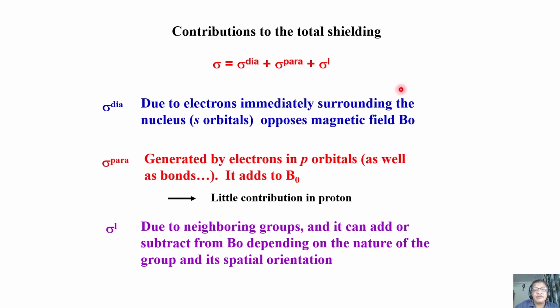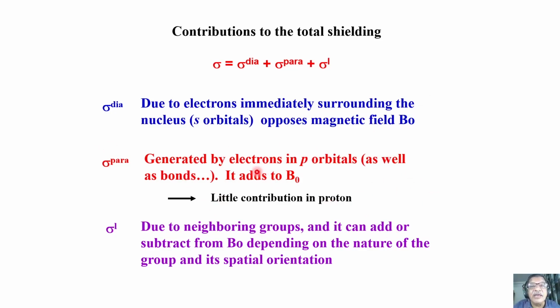Diamagnetic contribution comes because of the s orbital. This term opposes the main magnetic field. Paramagnetic contribution is generally by p orbitals and other types of bonds. It adds to B naught. Remember, diamagnetic contribution opposes the field, and this adds to the field. As far as the proton is concerned, this has little contribution, whereas for X nuclei, this has a large contribution.